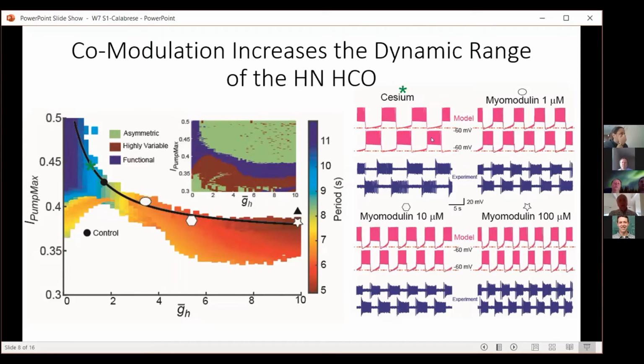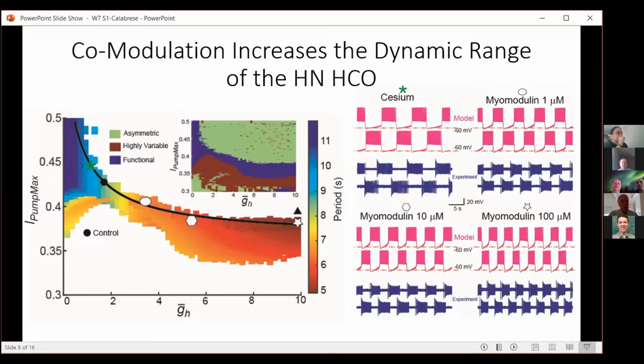So here then is the model in magenta and the living neurons in blue, and Daniel Quay did this by adding different concentrations of myomodulin to the system. And I'm not showing you the control. The control sits here on this curve.